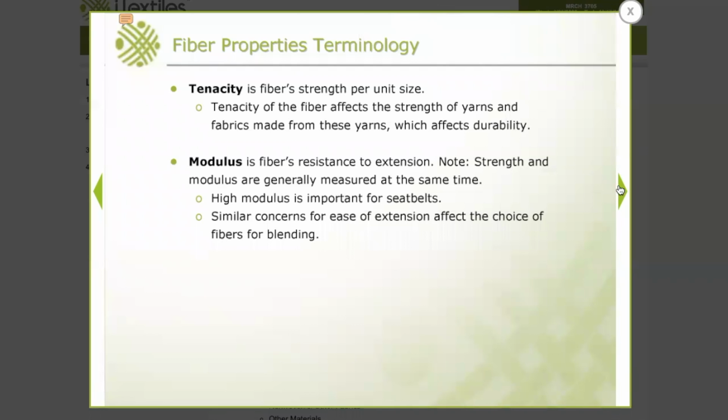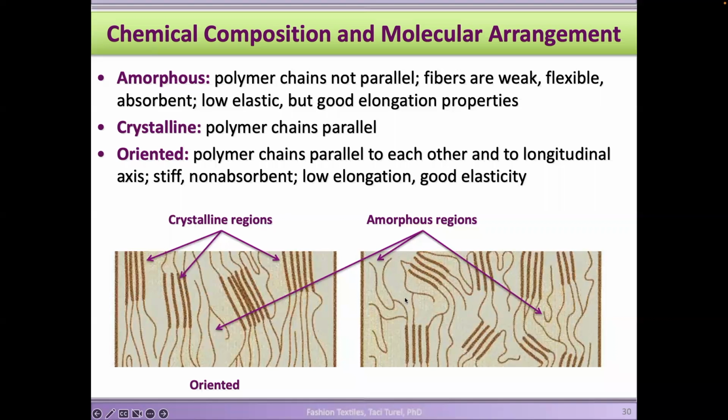So before I get to this, let me go back to the slides again. These are polymer properties, which I don't want to confuse you a lot with at the moment, but polymers are made out of those long molecular chains. And when the chains are very parallel to each other, they are more crystalline and they are a lot stronger.